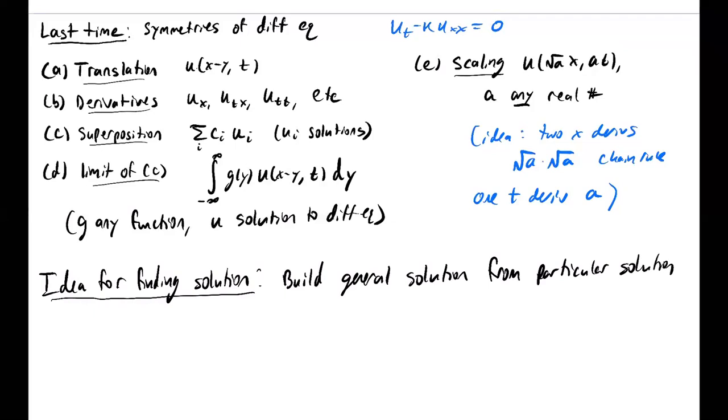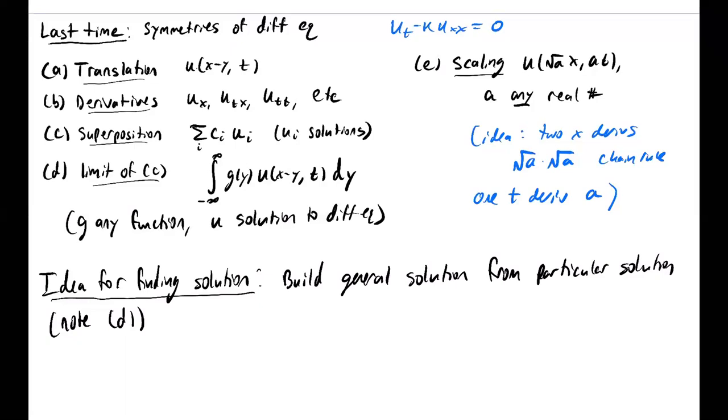And in particular, notice that using property D, if we can find one such solution, then if I use this integral formula, you can obtain many more solutions, right?